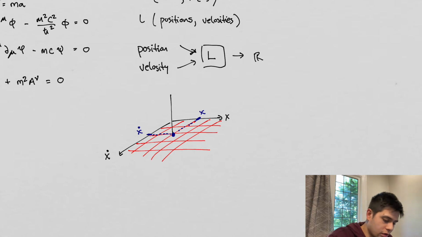And so the value for our Lagrangian, say this is the Lagrangian axis, might map onto right here. Right here, I'm going to try to draw 3 dimensions.